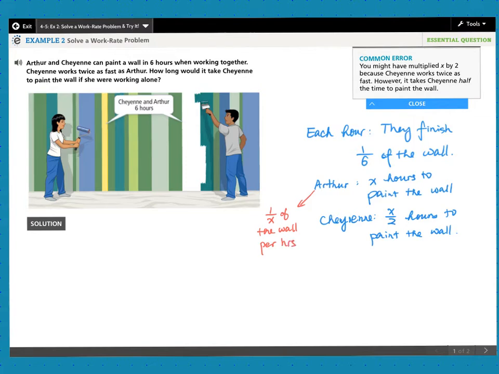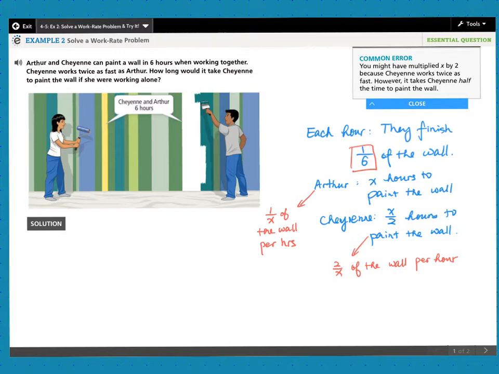We know together they will do 1/6. Then we're going to flip that, it's 2 over x of the total wall per hour that can be painted by Shanine.